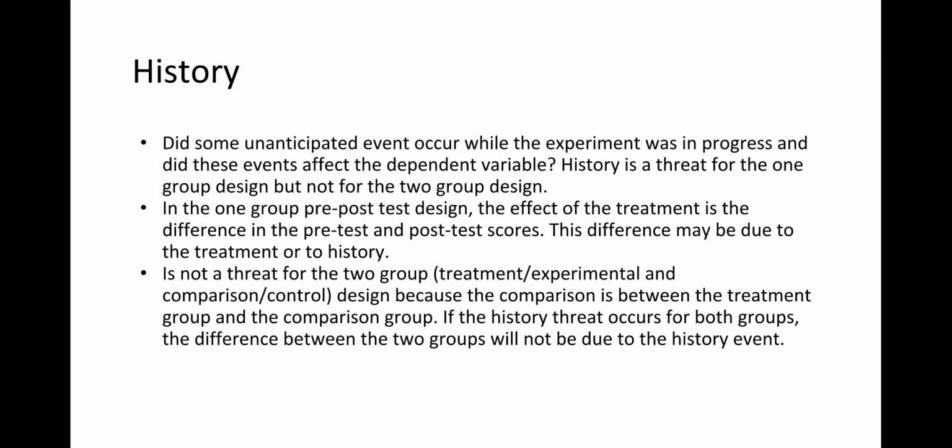What do you mean by history effect? There's some very unique event occurring during the experiment. So even though you find some result, we don't know whether that result is from your treatment, the independent variable, or from that particular historical event effect. Sometimes they call it the event effect.